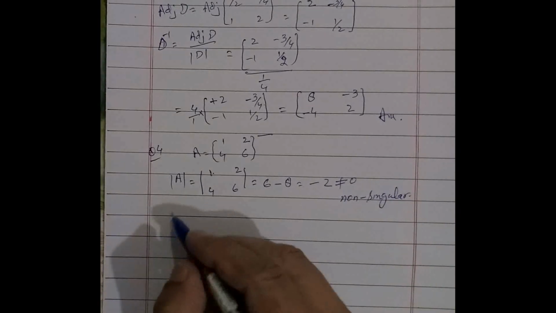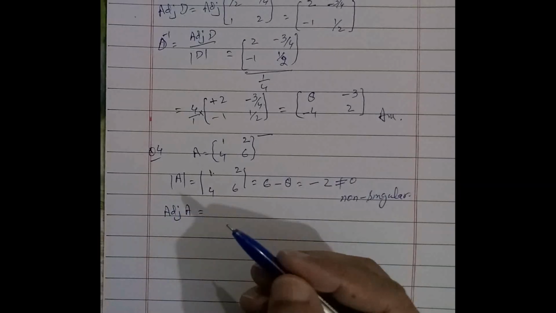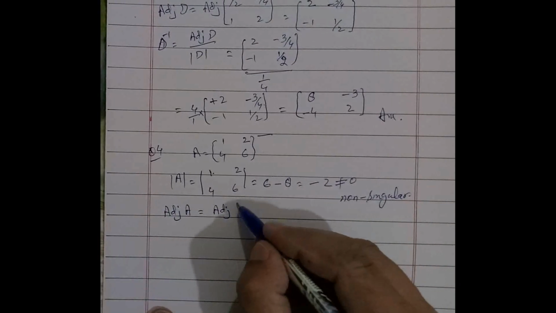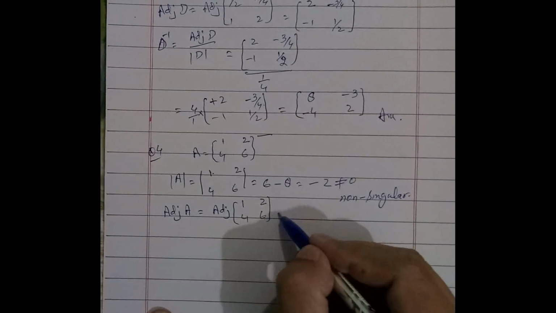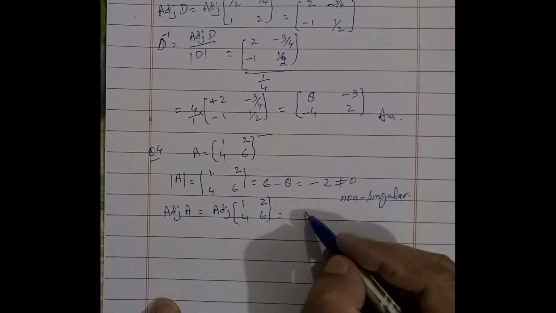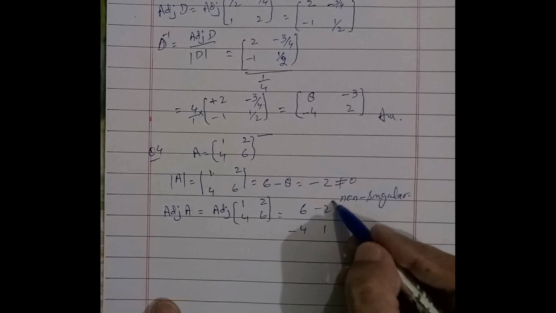Now we find the adjoint. Adjoint A is equal to adjoint of A, where A is 1, 2, 4, 6. When we apply the rule of adjoint A on the matrix, we get 6, 1, minus 4 and minus 2.